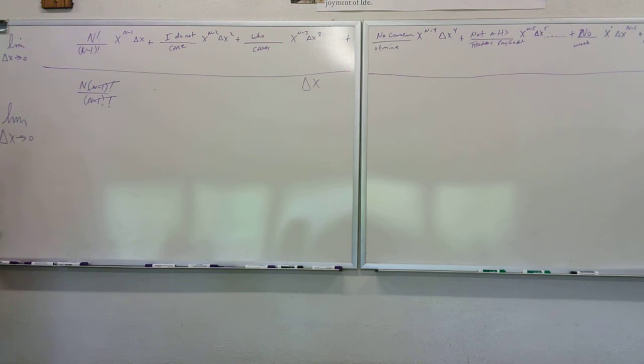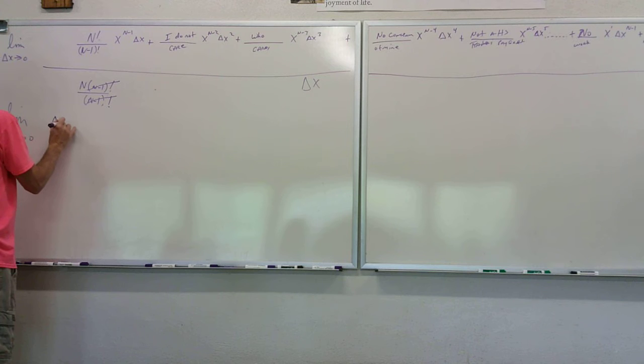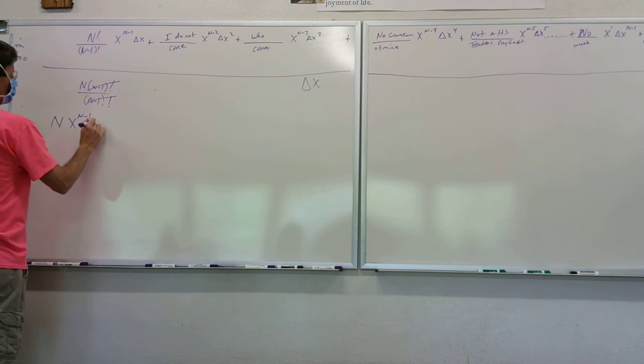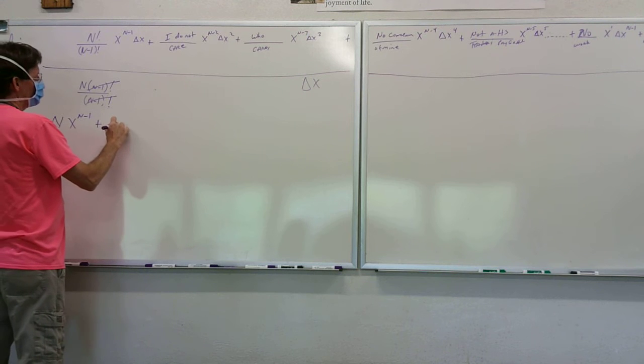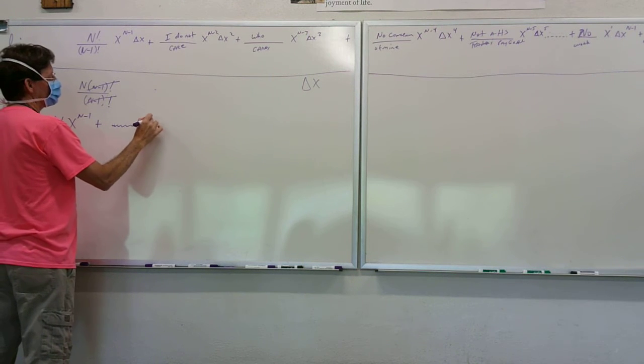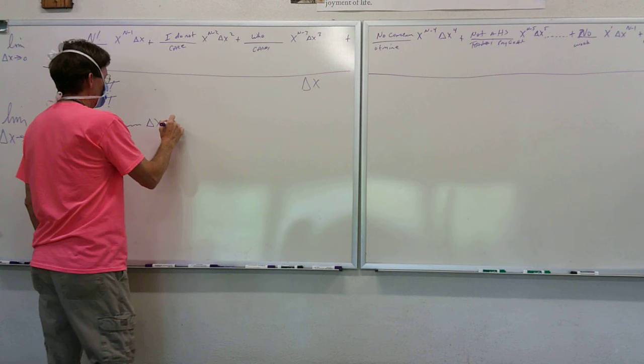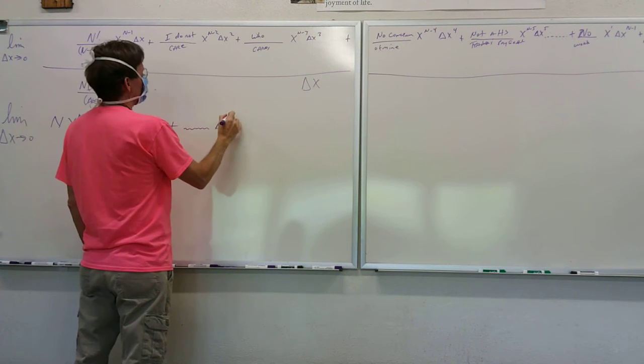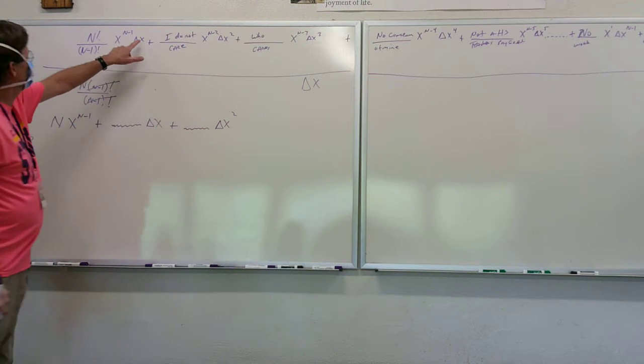Just making sure. Okay, so we get n x to the n minus 1 plus a bunch of goo that we don't care about with a delta x on the end, plus a bunch more goo that we don't care about with a delta x squared. See, that delta x divided out.